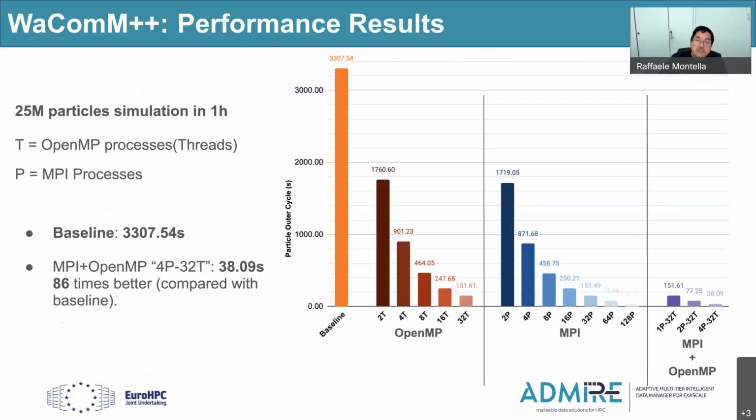The scalability is impressive, but this is easy to achieve because of the Lagrangian equations, if we don't have interaction between particles, this kind of problem is highly scalable. If we consider the baseline and a test using MPI and OpenMPI without GPU, the results are 86 times better than the baseline.